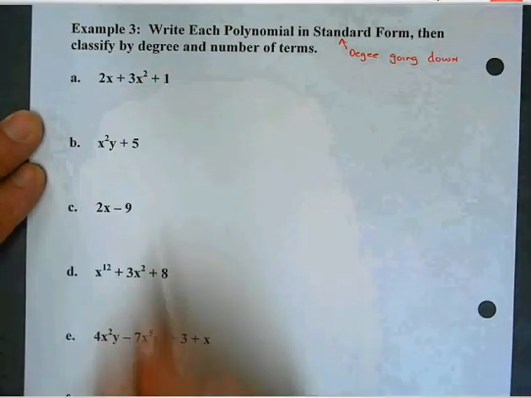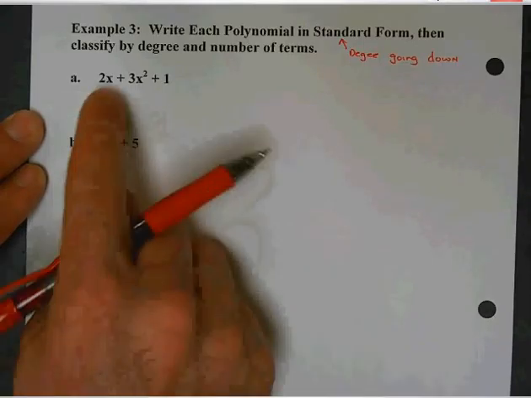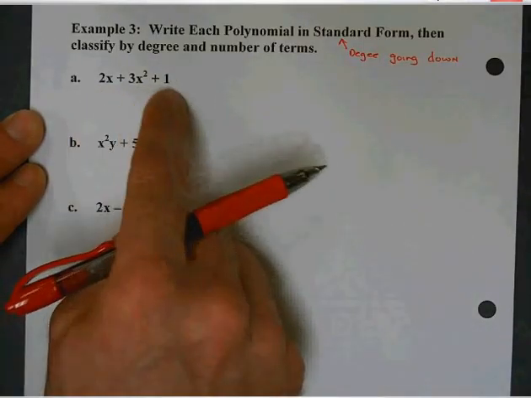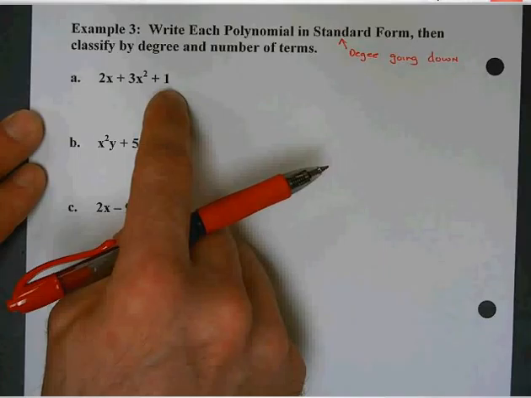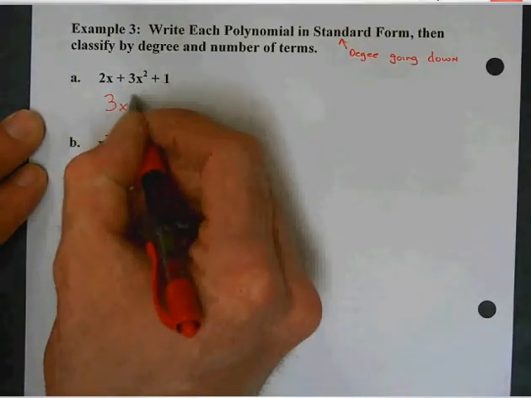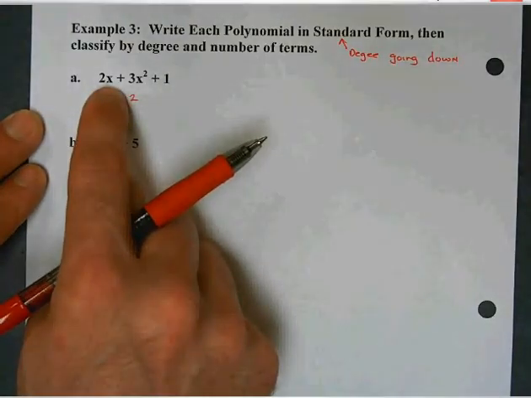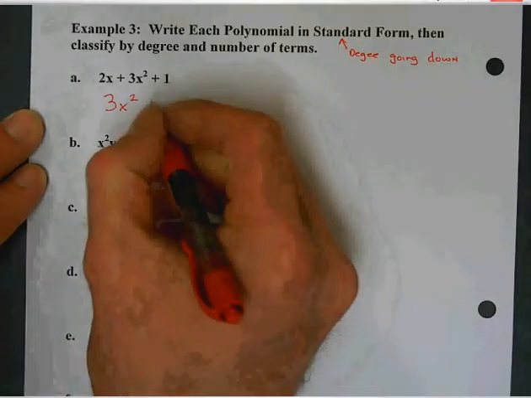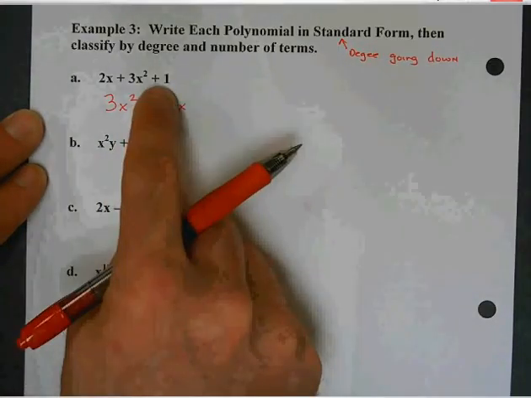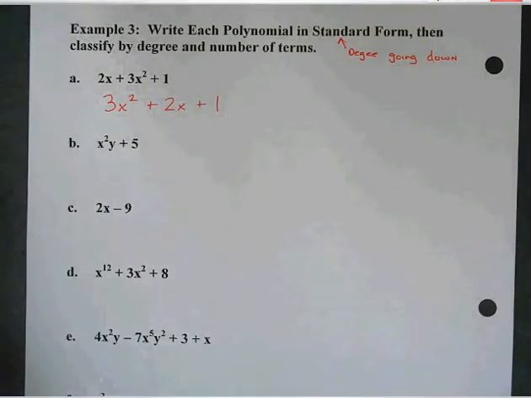So which of these three terms has the highest degree? 2x, 3x squared, or 1? What's the highest? Well, 3x squared has a degree of 2. What is the degree of 2x? Degree is 1. And the degree of the 1 is 0. So in correct form, that's decreasing degree.